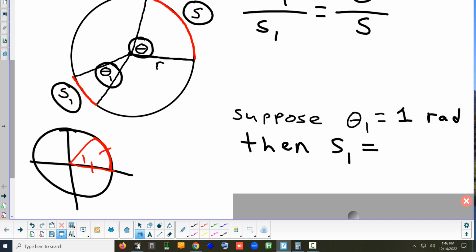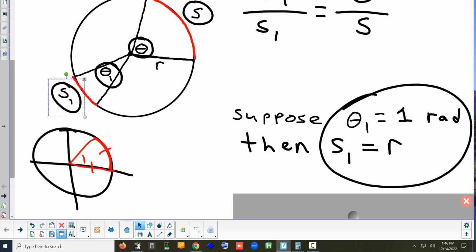If you have an angle that is 1 radian, then the length of the arc is automatically the same length as the radius. And they will give you the radius in the problem. So that will be a number. All right, so there's our fact that we can use that's true. This is like my 12 inches equals 1 foot.